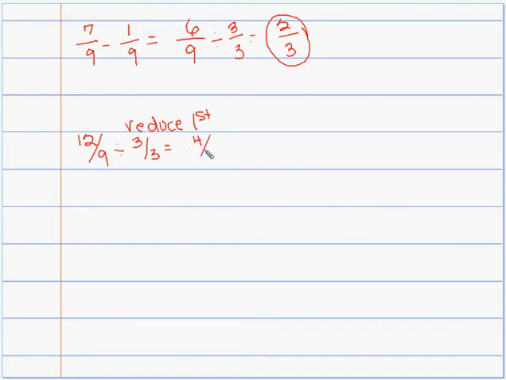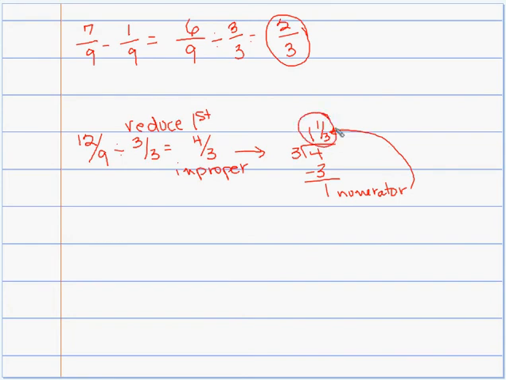And then 9 divided by 3 is 3. And then this is improper, so we need to divide it. So 3 goes into 4 how many times? 1. Subtract 3, we get 1 left, but remember that becomes the numerator of our remainder. So it becomes 1 and 1/3, and that's our answer.